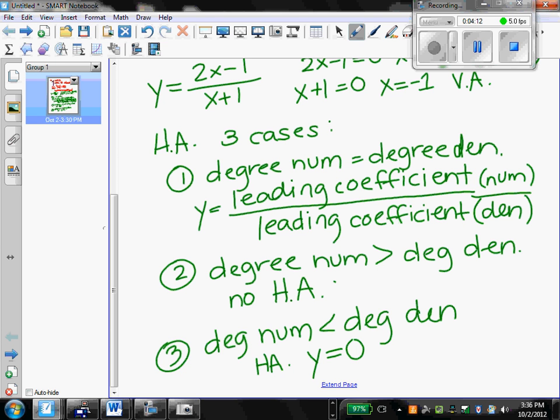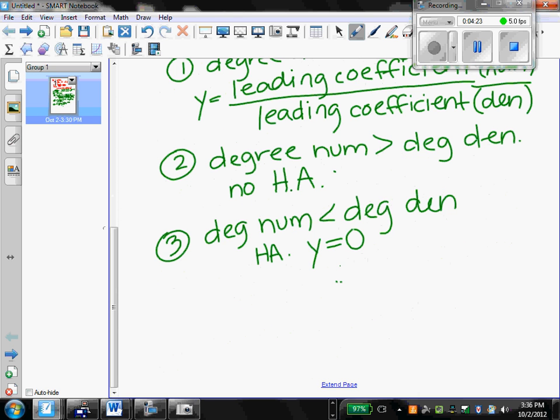Okay, so in this case, we do have a horizontal asymptote of 2, if this is our equation here. So if we look at the graph, we know that wherever the graph is, it's always going to approach this horizontal asymptote as x goes to infinity and as x goes to negative infinity.